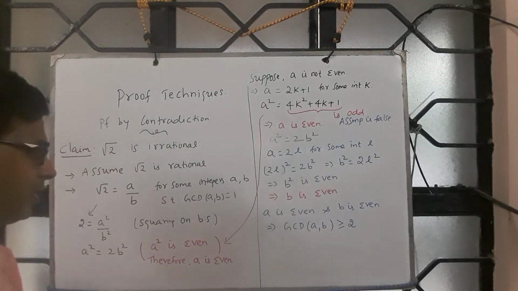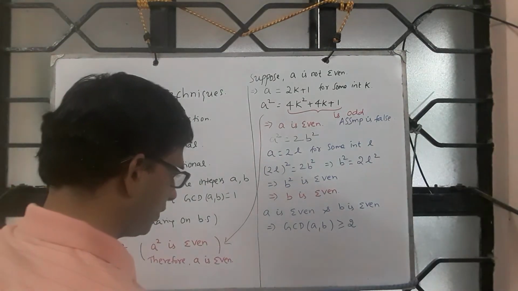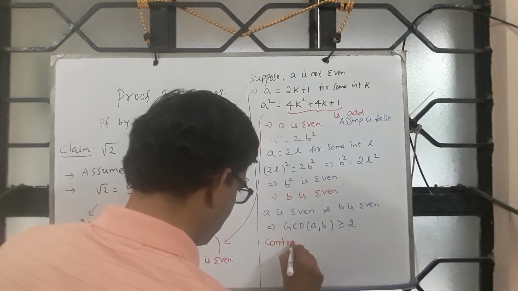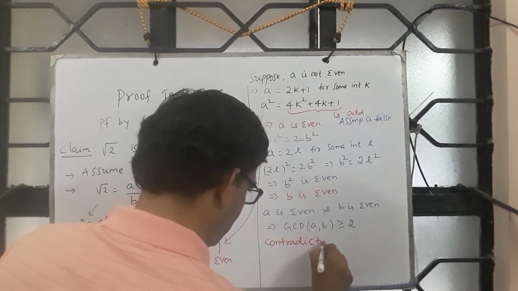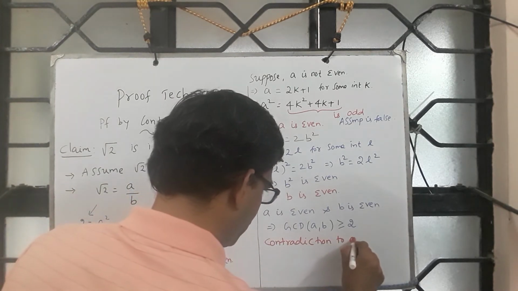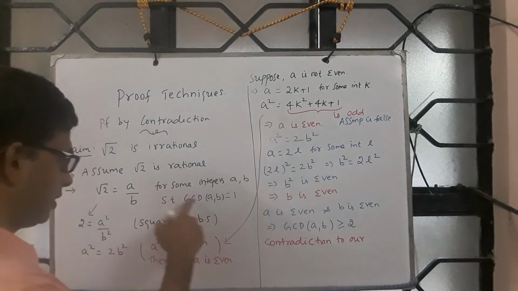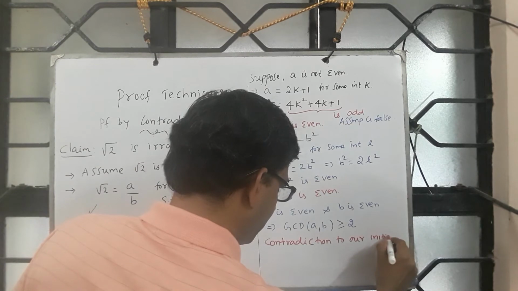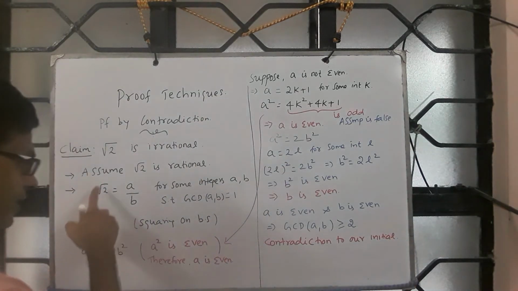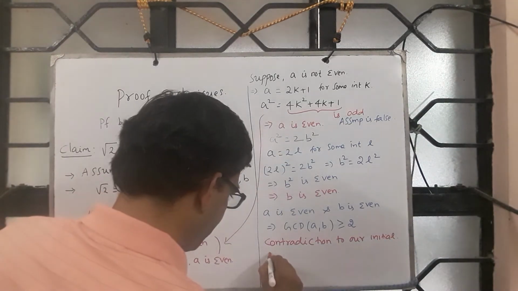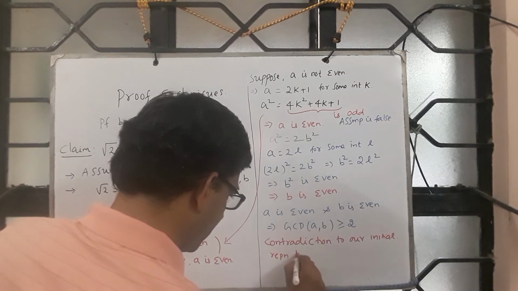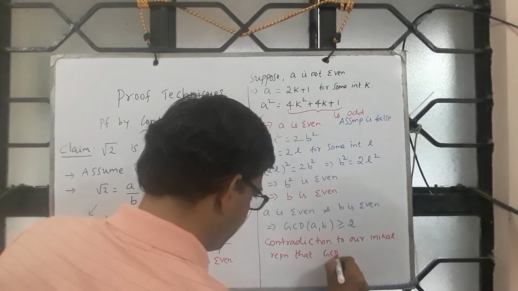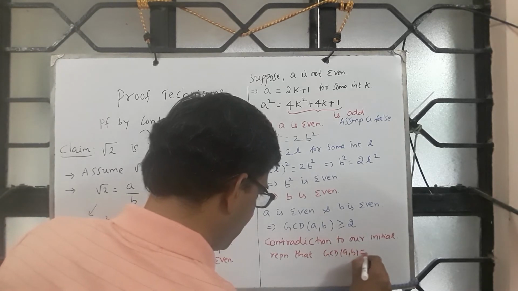Correct? But that is contradicting what? This is a contradiction to our initial representation that GCD of a comma b is 1.